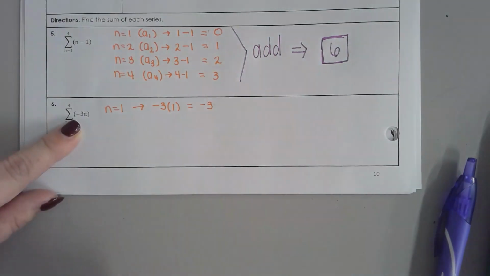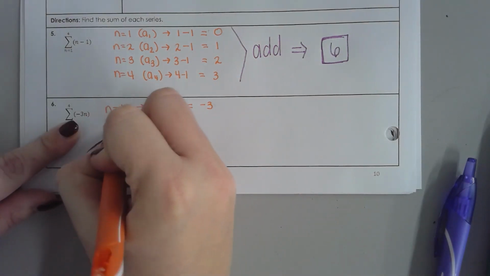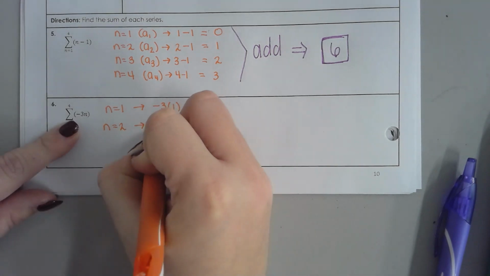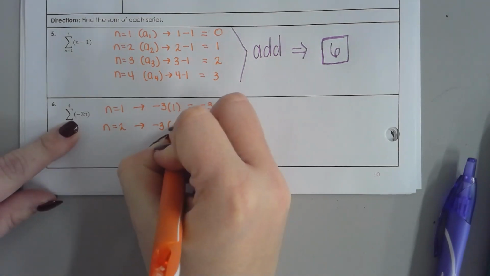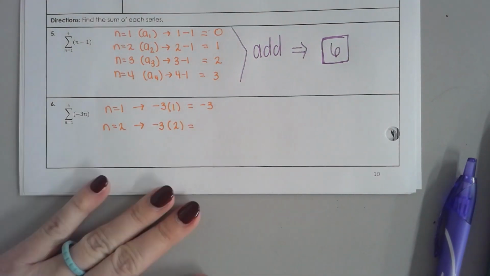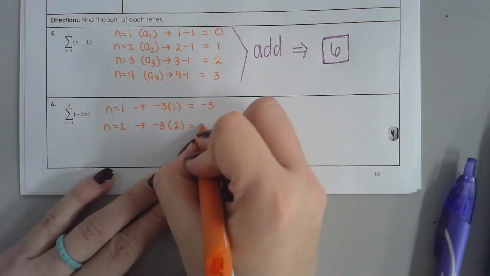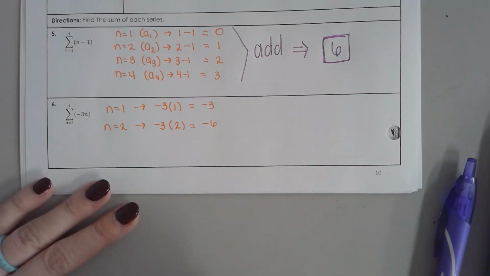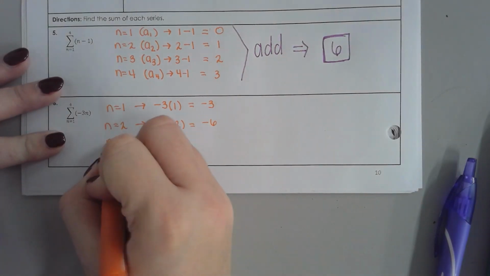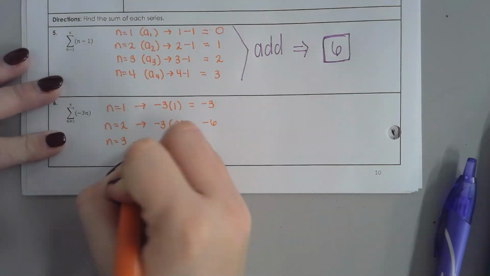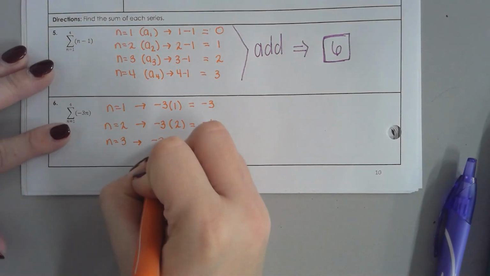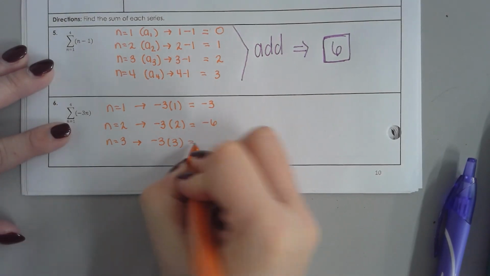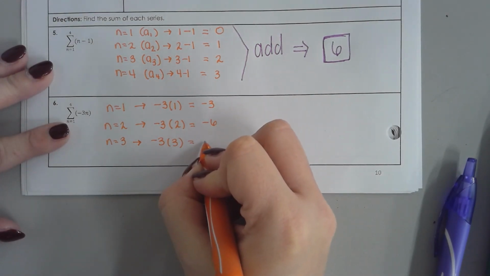So the first term in this list is negative 3. And then it's going to plug in a 2. Negative 3 times 2 is negative 6. And then it's going to plug in a 3. Negative 3 times 3 is negative 9.